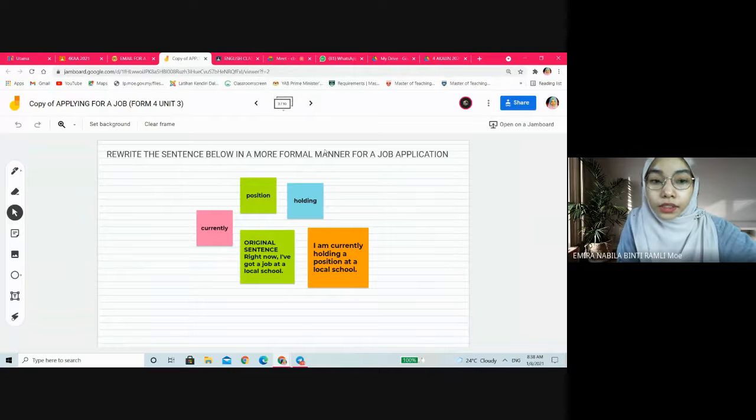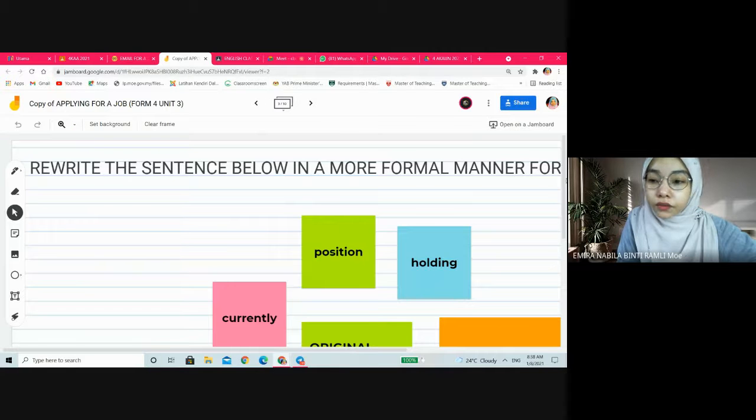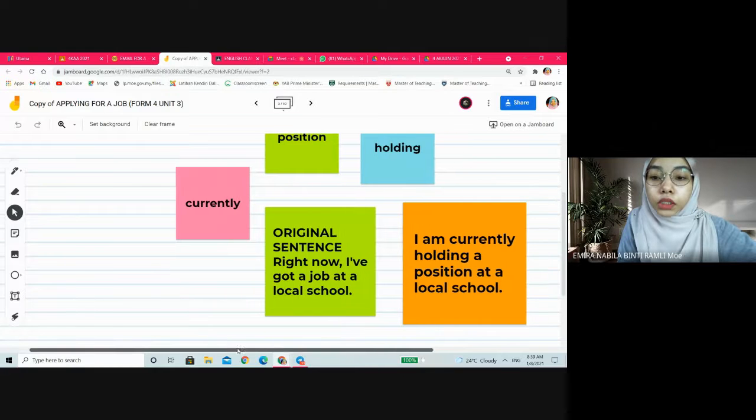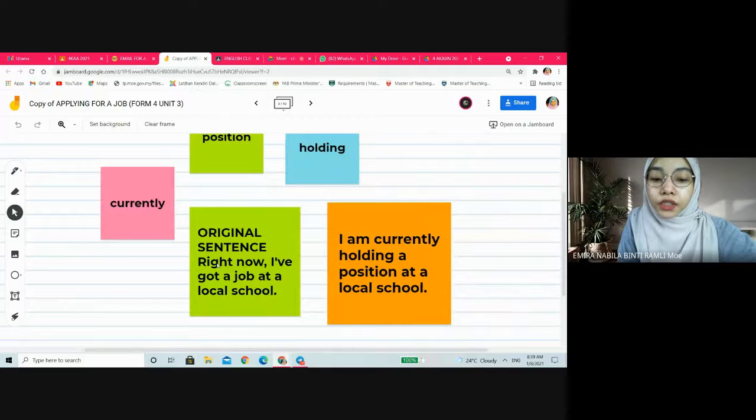Before this, if I just make this larger a bit, I've given you sentences like the original sentence: right now, I've got a job at a local school. So how do you turn that to become more formal? You change the word right now to the word currently.